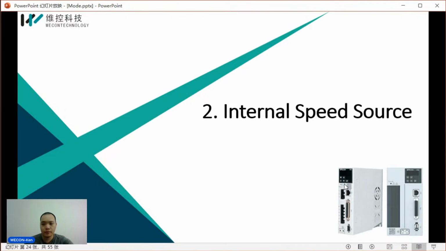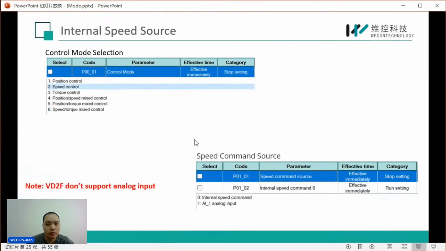Second part, internal speed source. Same as the position control, this code P0 and 01 need to be set to 2.